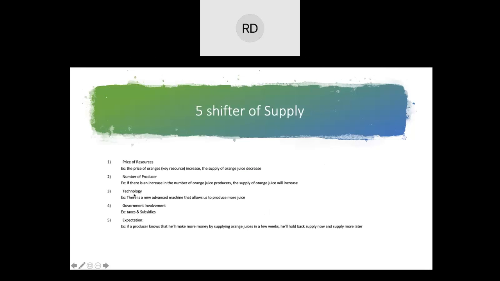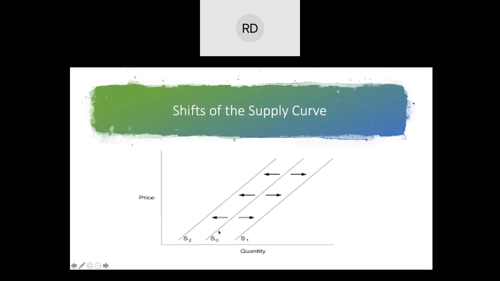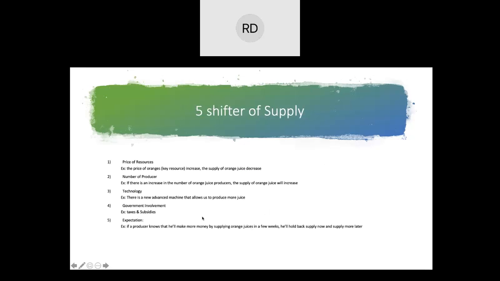The third shifter of the supply curve is technology. Imagine that there is a new advanced machine that allows us to produce more orange juice. Then we'll produce more, we'll supply more. So we'll move once again from this initial supply curve to this curve right here on the right. And then, as a fourth shifter, we have government involvement.